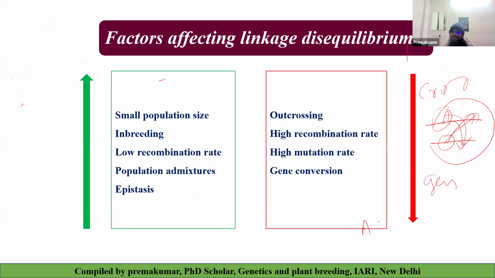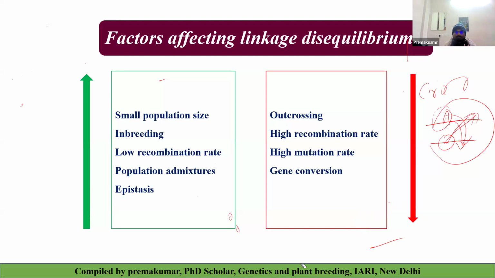For example, there is a and A frequency like 3:1. Due to this gene conversion, it will become 2:2. Means there will be a reduction in the capital A, but an increase in the small a. This conversion of capital A into small a due to this non-reciprocal exchange of the chromosomal regions is called gene conversion.